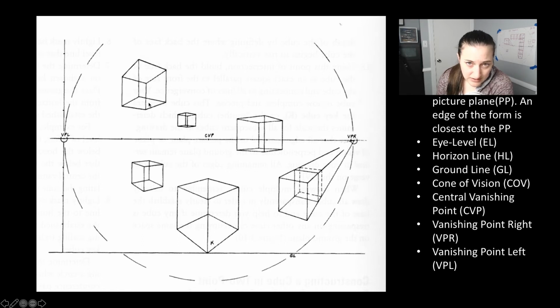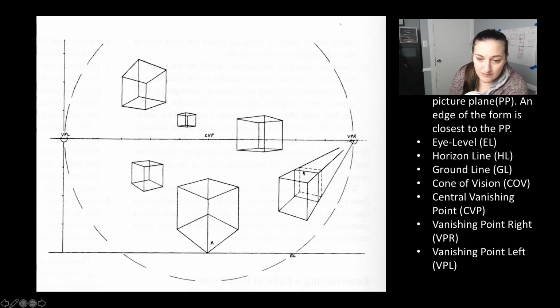So when we go to estimate the depth of our cubes, notice how the more it moves to the left side of the picture plane, say this, because this is where vanishing point left is, the more of the right side of that object you see. So that means that when we go to estimate the depth of that cube, we're going to estimate a longer dimension here and a shorter dimension here.